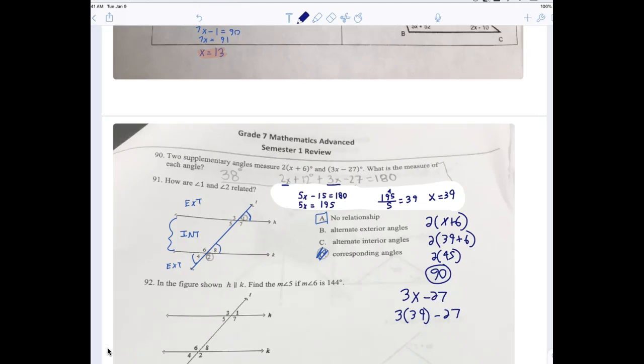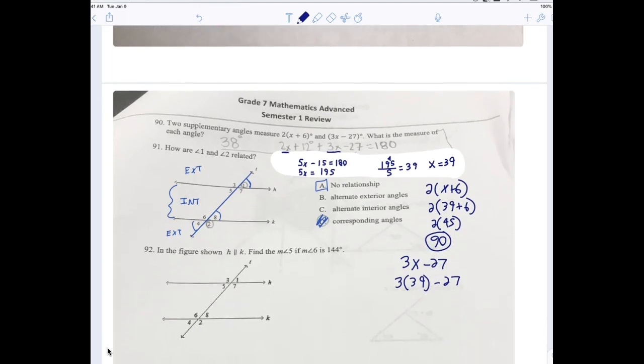What's 3 times 9? 27. 90 plus 27 is 117. And now 117 minus 27 is 90. Right.